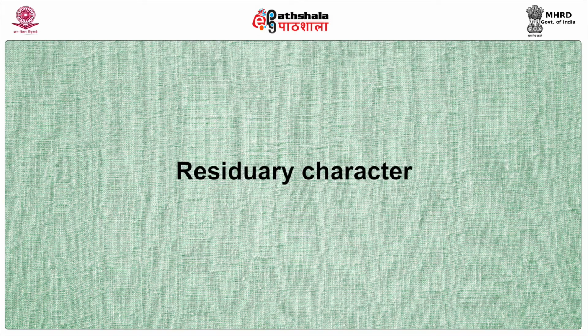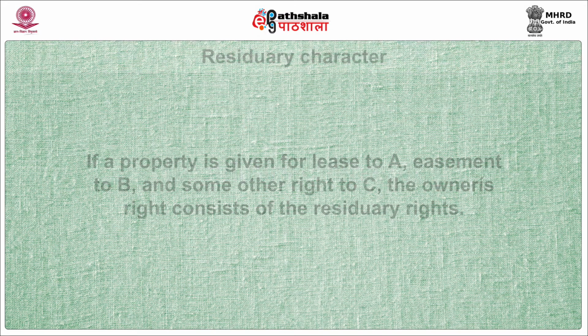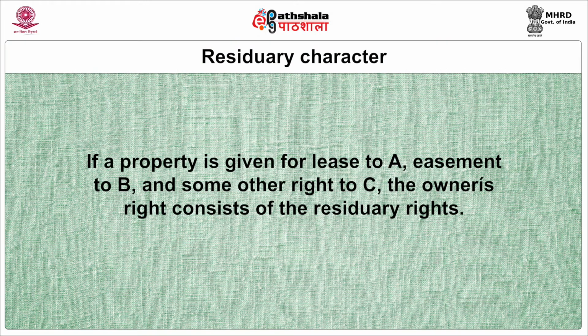Then the residuary rights. Rights of residuary character. If a property is given for lease to A, easement to B, and some other right to C, the owner's right consists of the residuary rights.